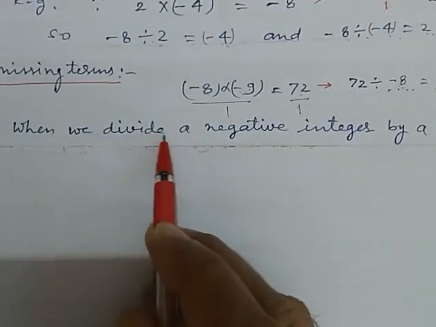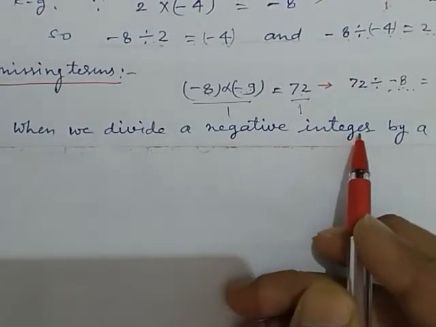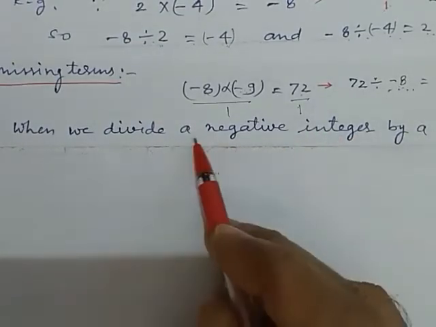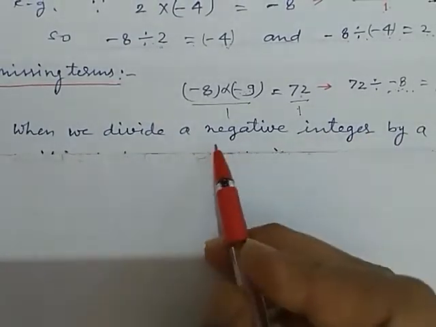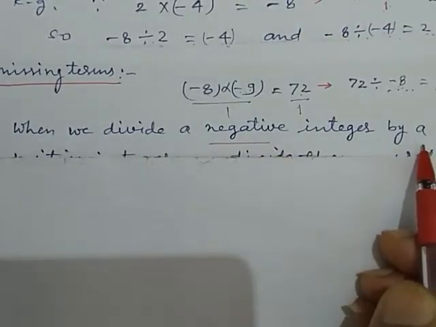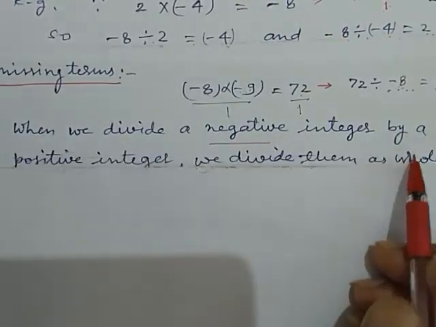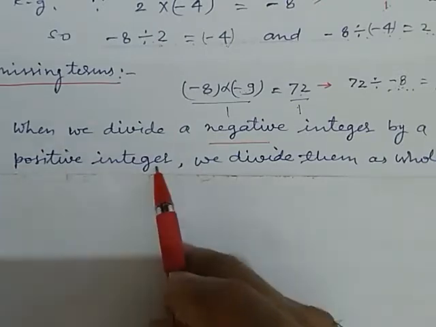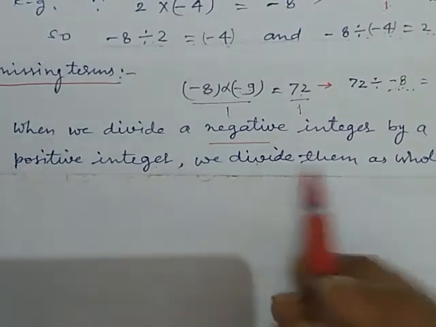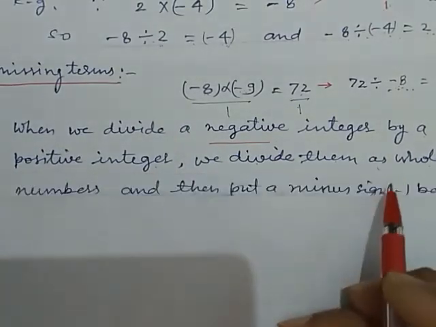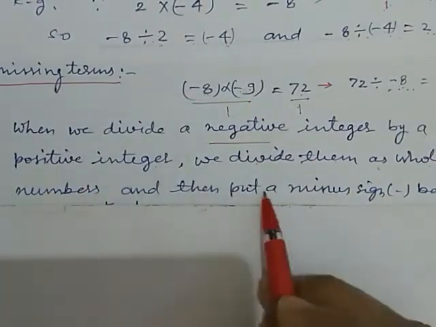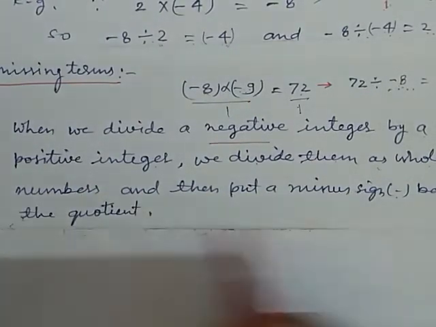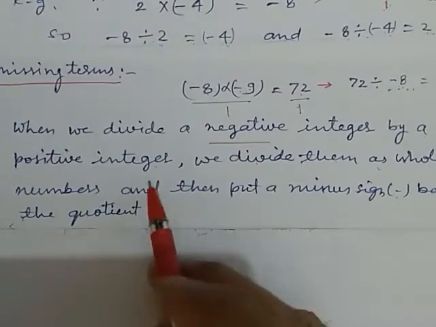When we divide a negative integer by a positive integer, we divide them as whole numbers and then put a minus sign before the quotient.